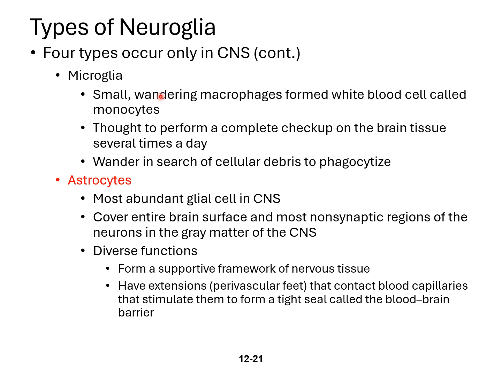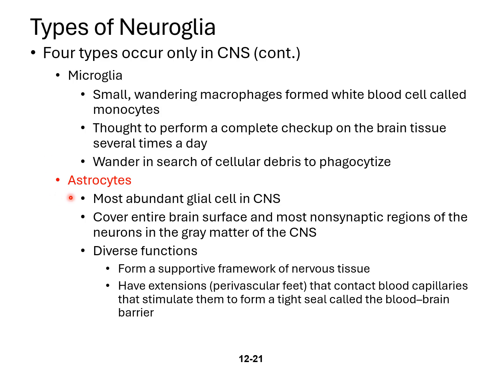Because there are so many different types, there are small wandering macrophages formed by a white blood cell called monocytes. They complete checkups on brain tissues. They wander in search of debris to destroy, phagocytize and take in. But because there are different types, we're going to leave that out for now.